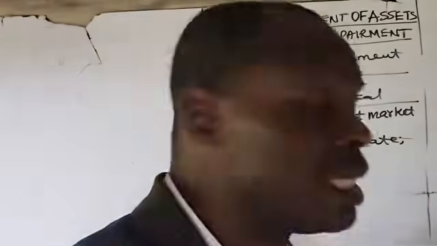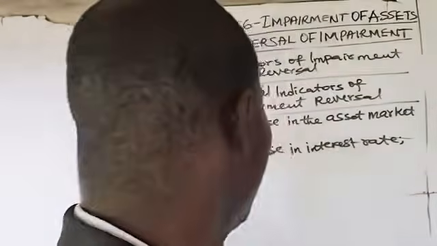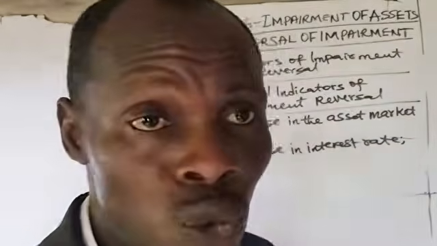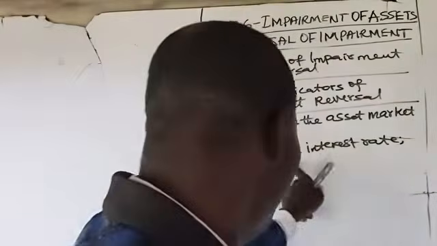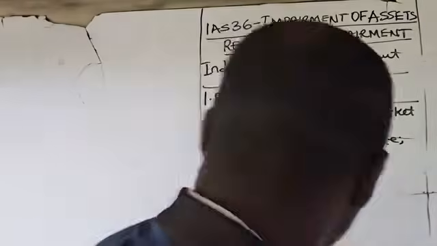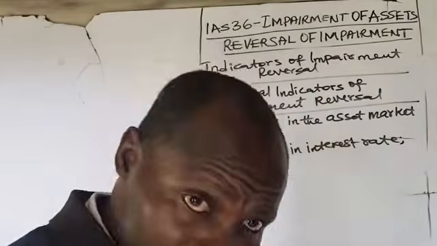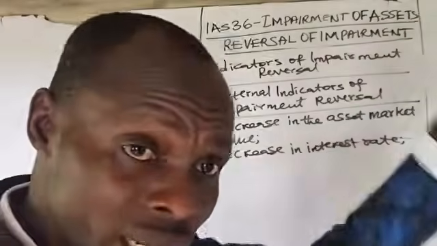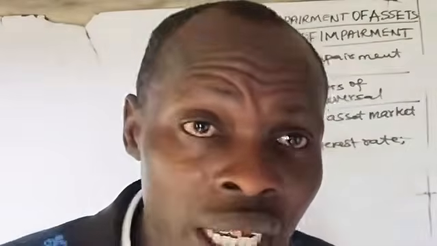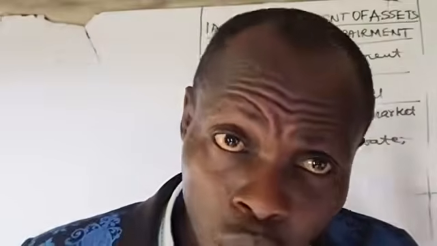to use in calculating the present value of the future cash flows, which will give you the value in use of the asset. In that case, if this interest rate is lower, if it decreases, then the present value would increase. Where the present value increases, the value in use will increase.